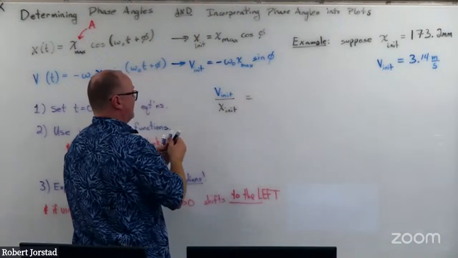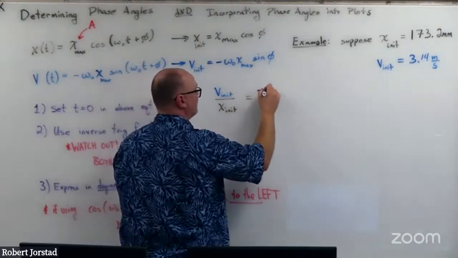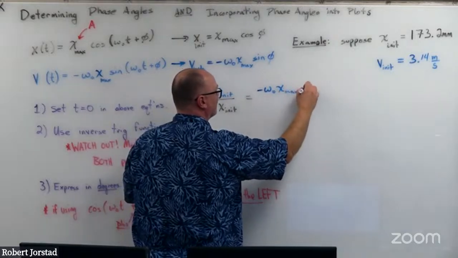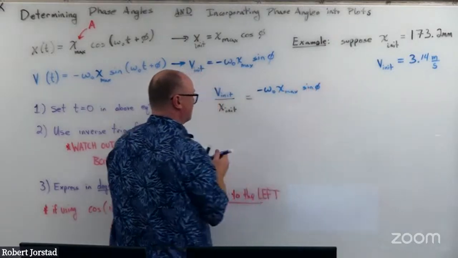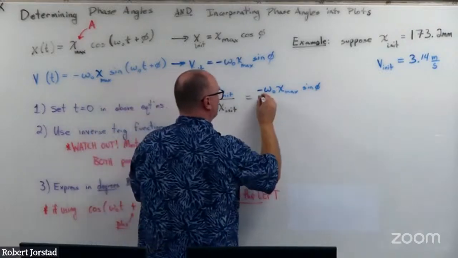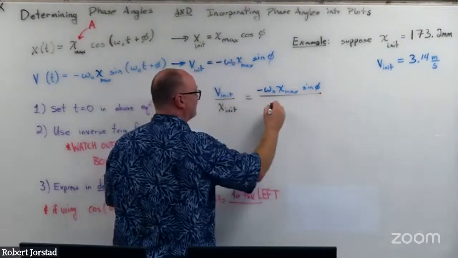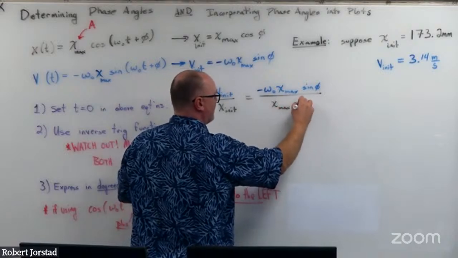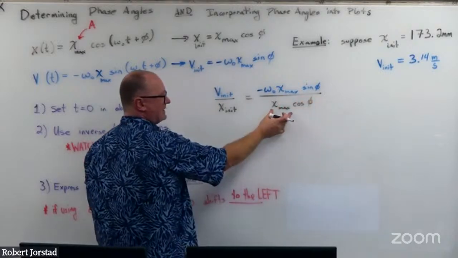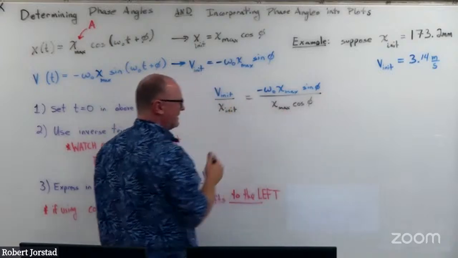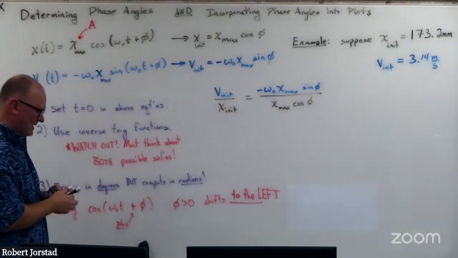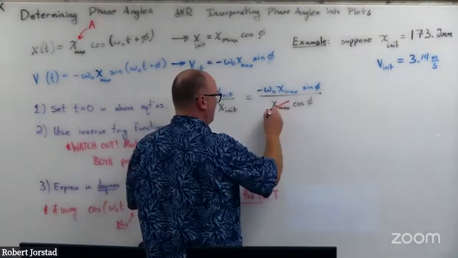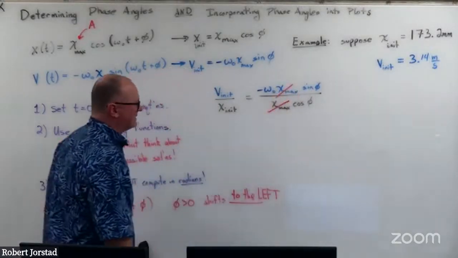I'm going to use the equations for the initial values. And remember, X max is just the amplitude. We're trying to get used to that. What do we see dropping out? X max. So we can't get this with the information given.